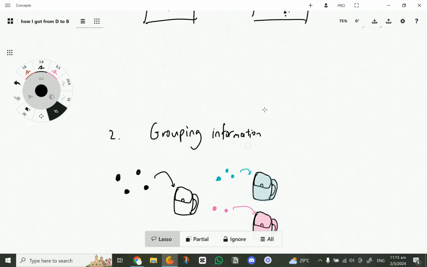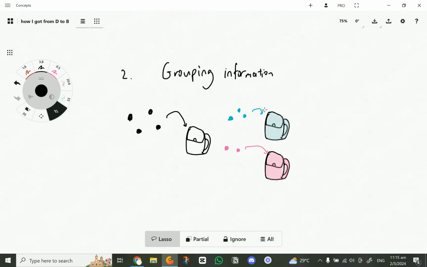This also ties into the second change, which is grouping information. What grouping information does is increase your level of expertise and knowledge in a topic. How does that achieve expertise? First of all, it helps you to remember larger chunks of information.